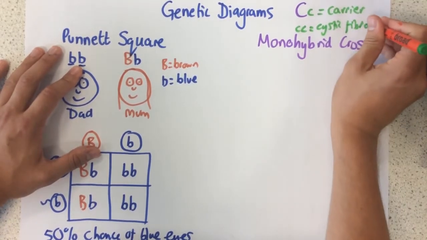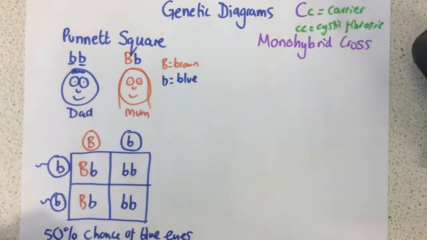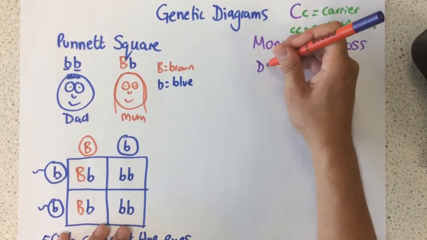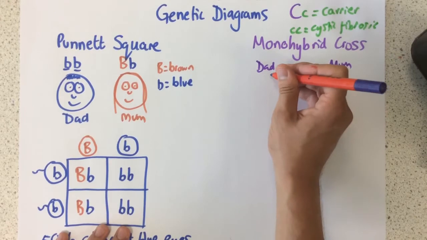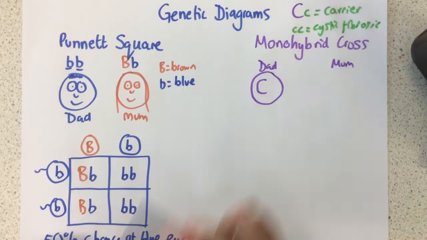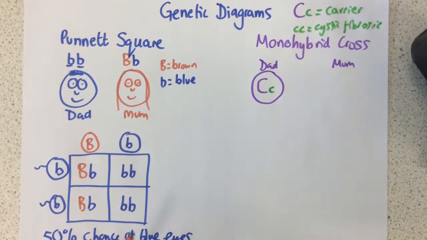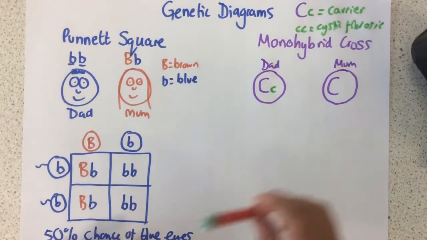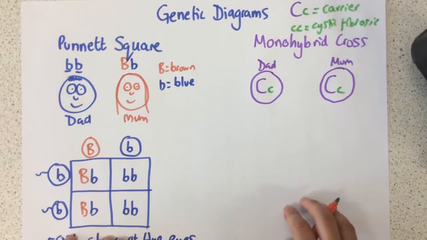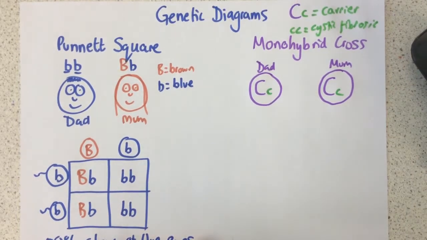So let's imagine we have two parents, Dad and Mum. Both of them are carriers. So neither of them has cystic fibrosis, but both of them have that recessive allele that could be passed on to the next generation.